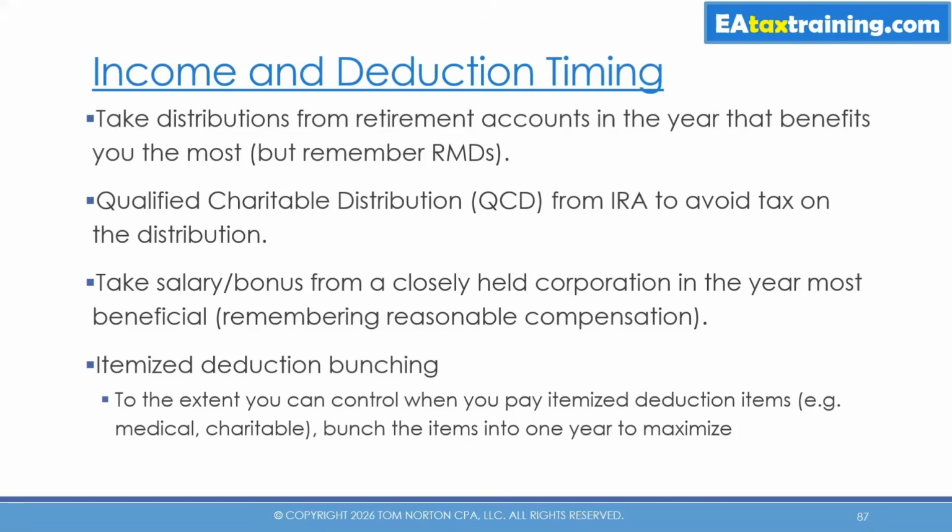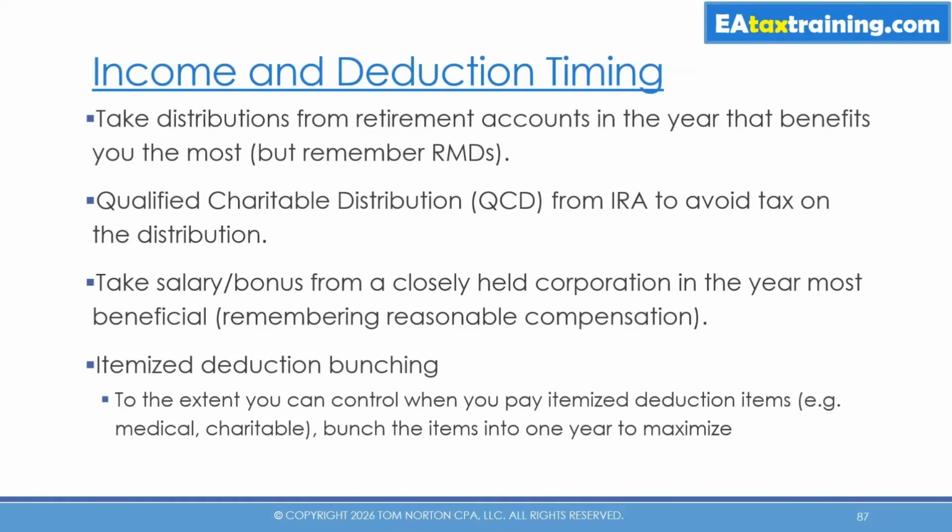What a lot of business owners will do, for instance, is they'll wait till the end of the year, see how the business did, and decide whether or not to take a bonus for the year. Well, they can choose to take that bonus this year or to wait until next year. So that's another area where they've got flexibility to decide when to include that income. And then there's also something called itemized deduction bunching.